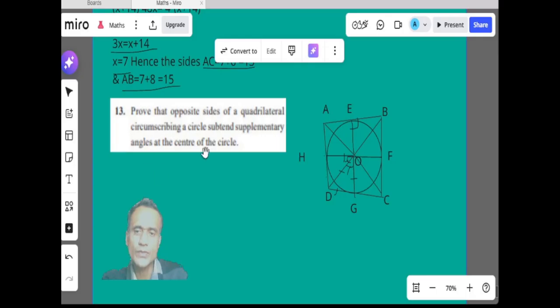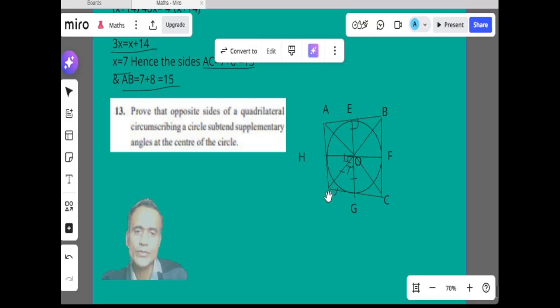So for the purpose of proving this, we need to take triangles where we have knowledge coming from the theorems and the properties of the figures. From the properties of the figure we know that OH is equal to OG because both are radii.